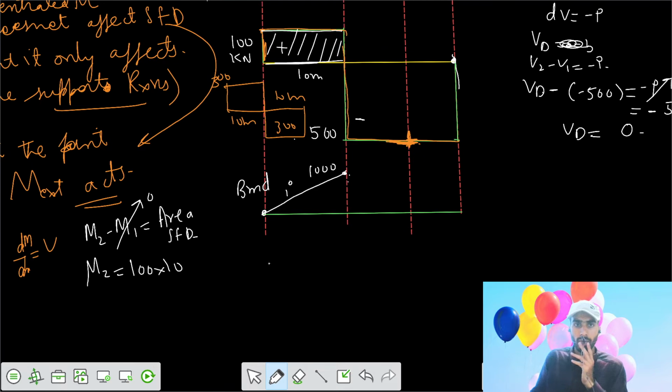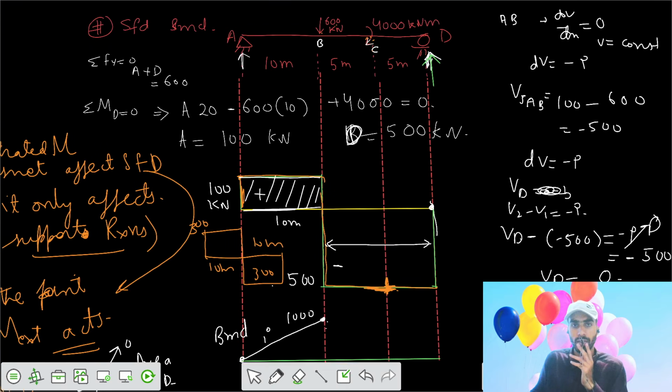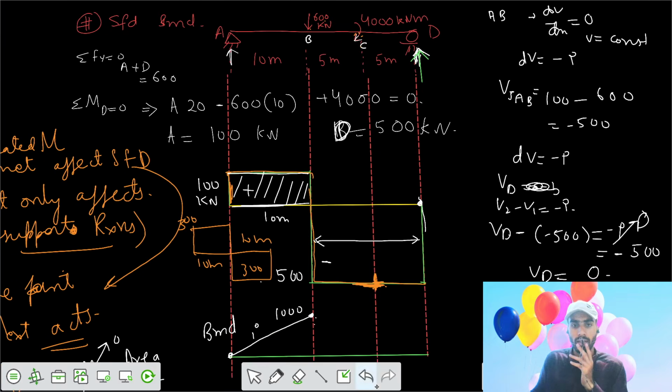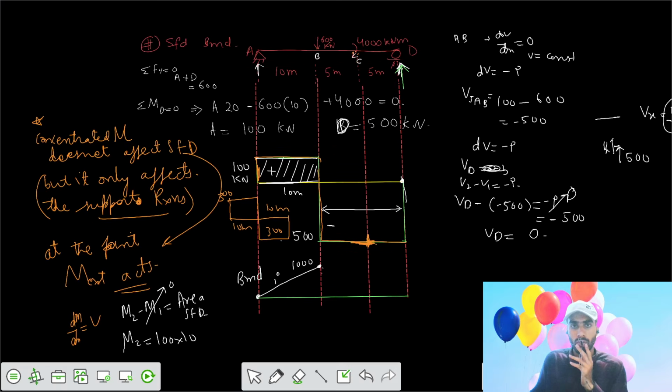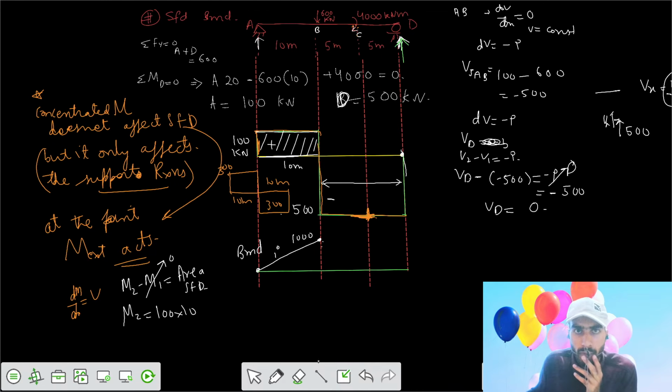Once we got the value of the moment at this point, since in this span there is no change in shear force, but the external moment is acting at point C, up to that point C we want to calculate the moment at C. We can use the same equation: moment at C minus moment at B equals the area of the shear force diagram between the 2 points.